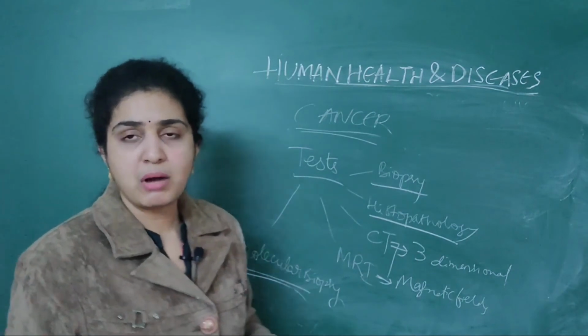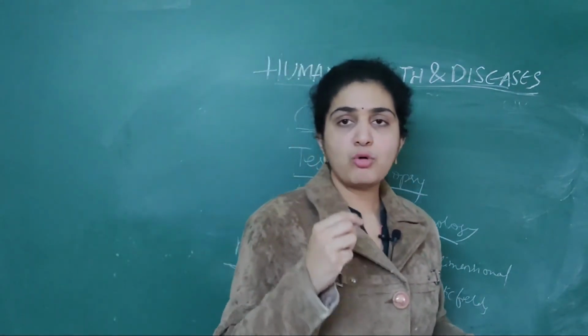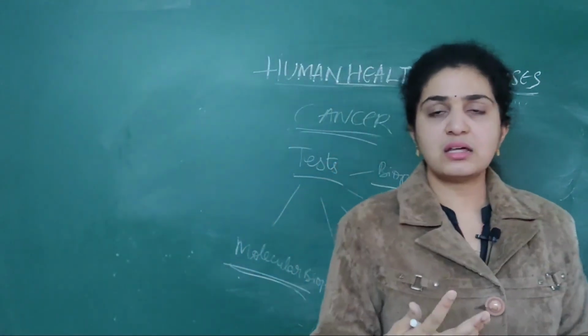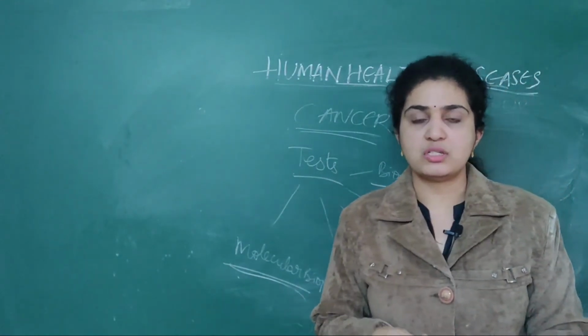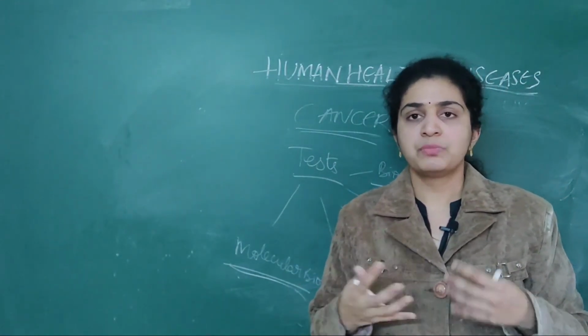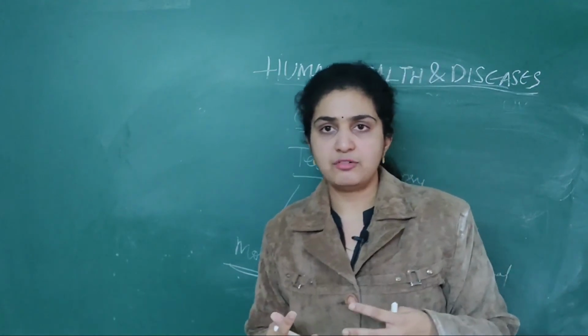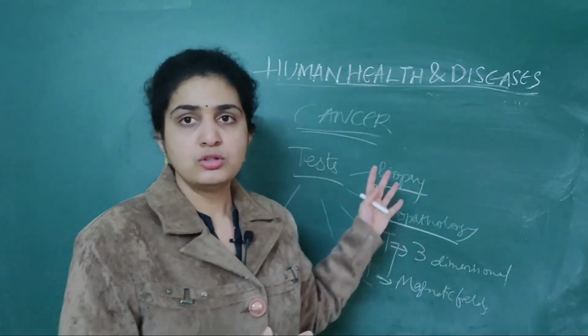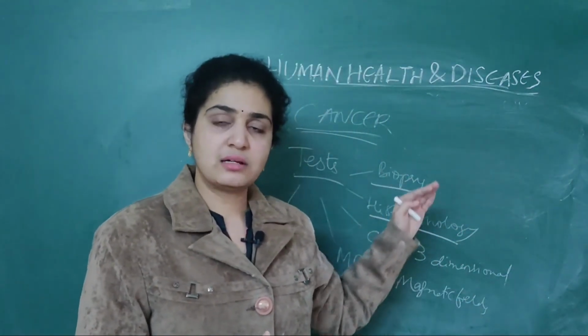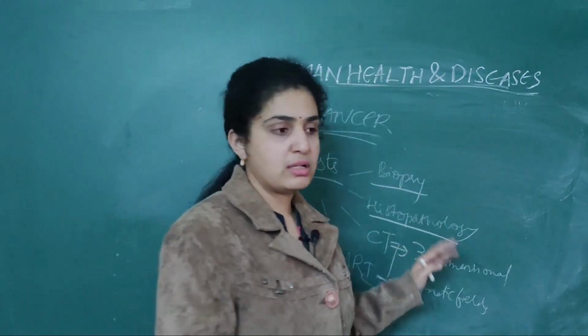And then molecular biology. I told you antibodies are produced against cancer-specific antigens, and then you can easily identify whether the person is suffering or not. So these are the tests. For AIDS it is ELISA; for cancer these are the tests.